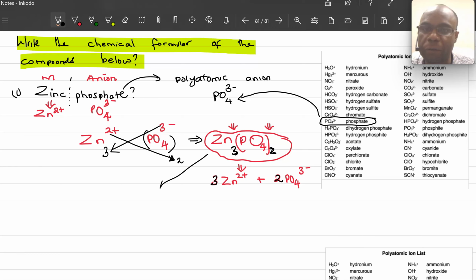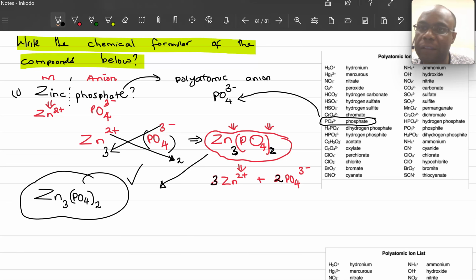Anyway, that's extra information. Let's give our final answer. So our final answer will be Zn subscript 3 PO4, because it's a group, put parentheses and then put 2. That, my friend, is the answer to this question. That's the chemical formula of zinc phosphate.